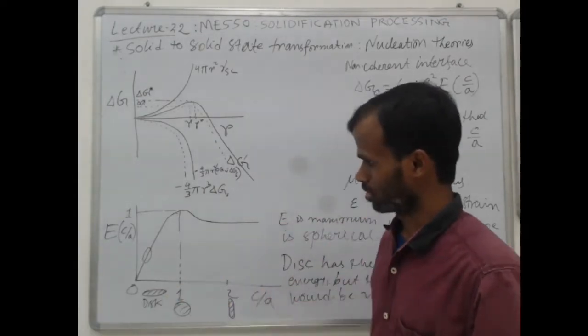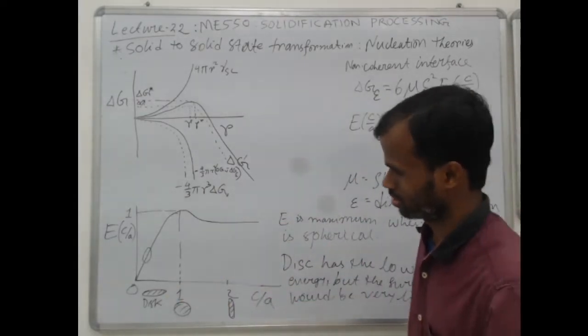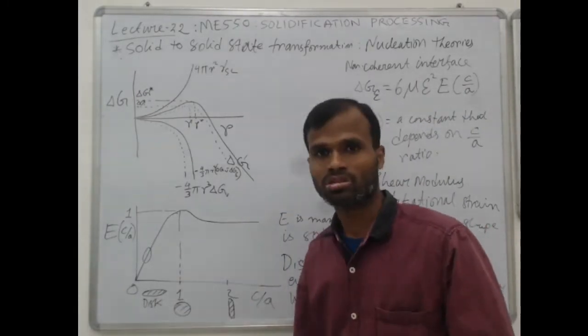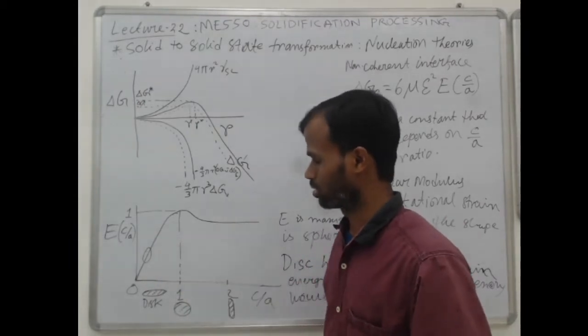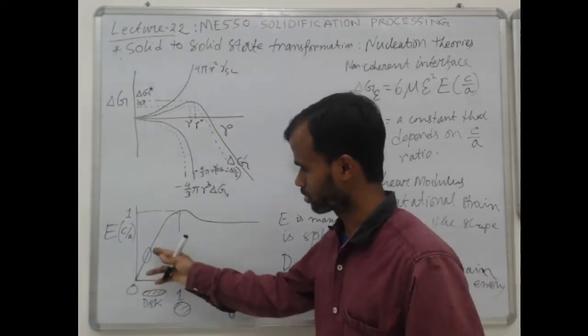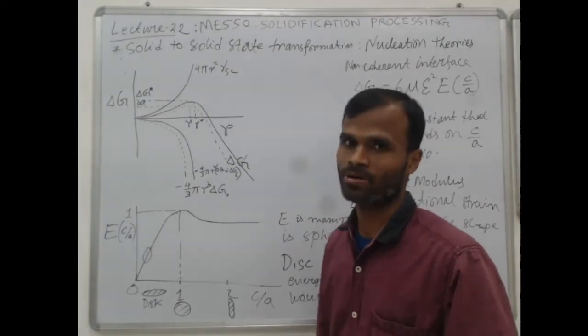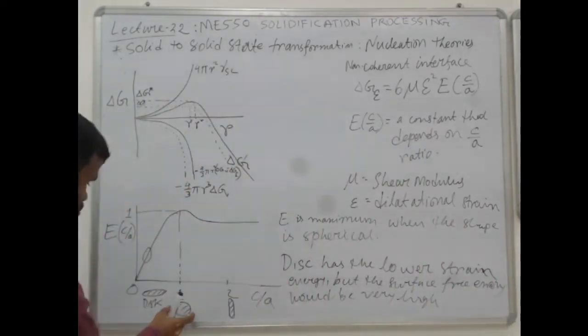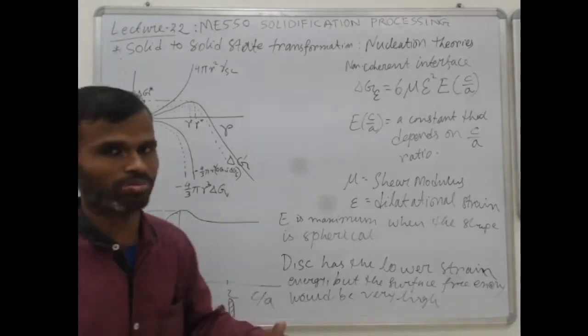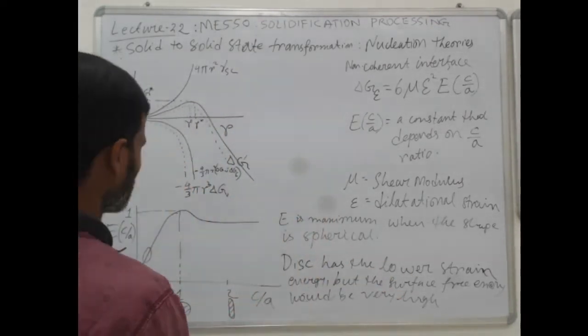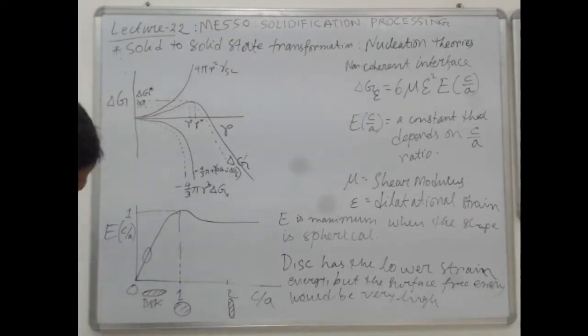This is one of the ways that we can explain that flakes can have a very good effect in order to reduce the overall energy of the system. So this is how sometimes we get spherical also, because it depends on the total energy term. This is what you have to remember about this non-coherent interface.